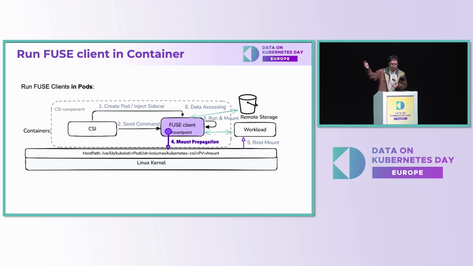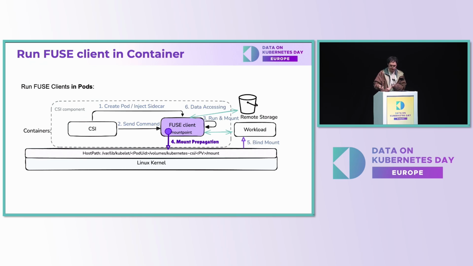So here's our modified version. When a workload pod is going to start on some node, instead of starting a host running process on it, CSI launches a Fuse client pod on that node, or it can inject a Fuse sidecar into the workload pod.